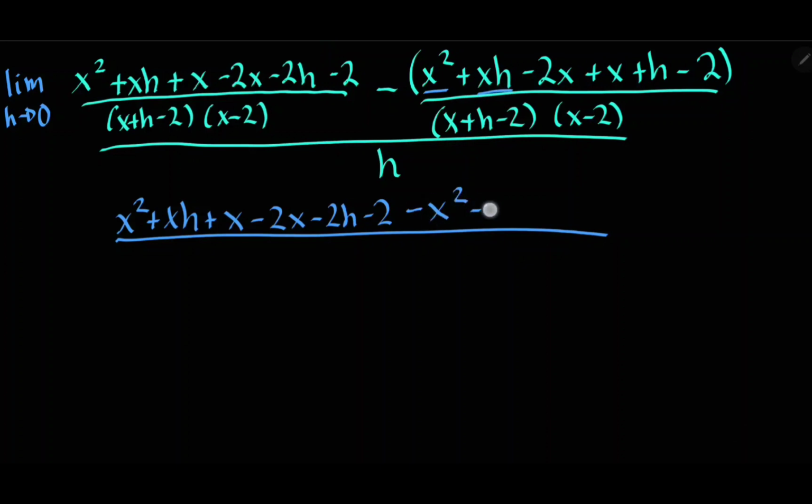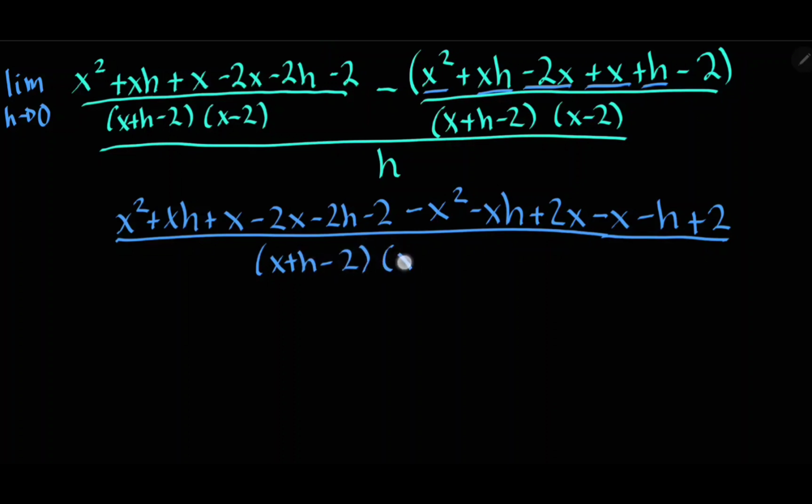Xh is positive, it'll become minus xh. -2x, double negative makes it a plus 2x. Positive x will become a minus x. And then positive h becomes minus h, and the double negatives make it a plus 2. And our common denominator, x plus h minus 2 times x minus 2. And all this in the end is all divided by h.